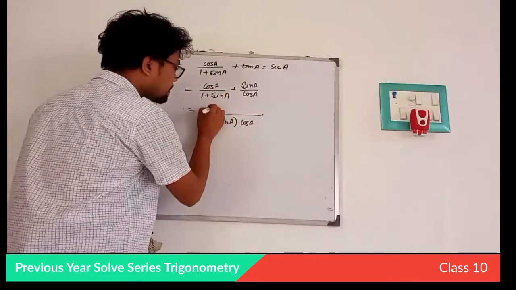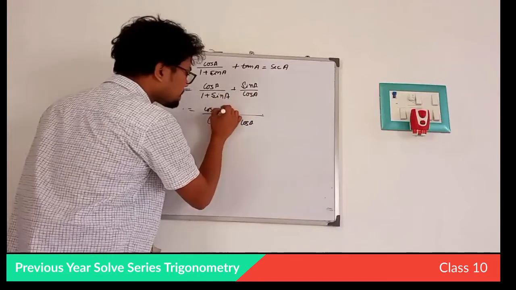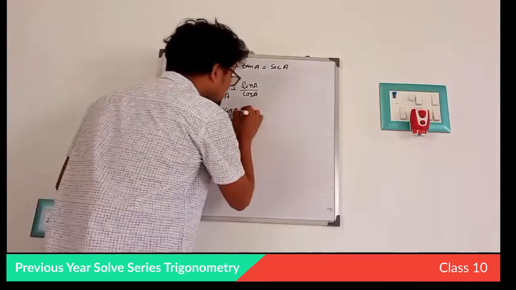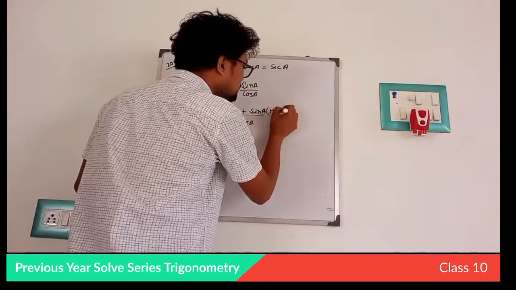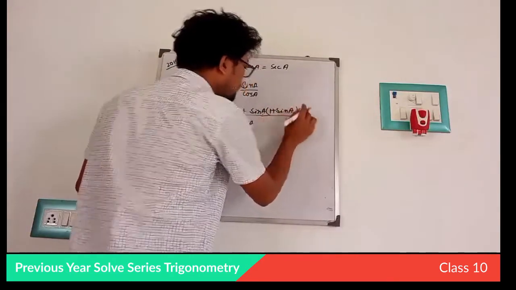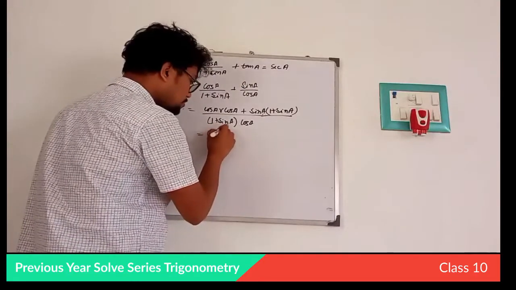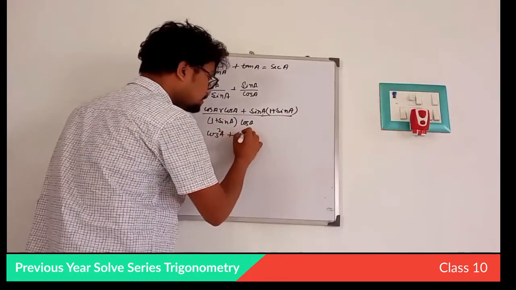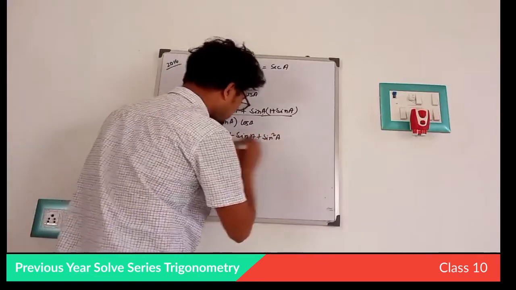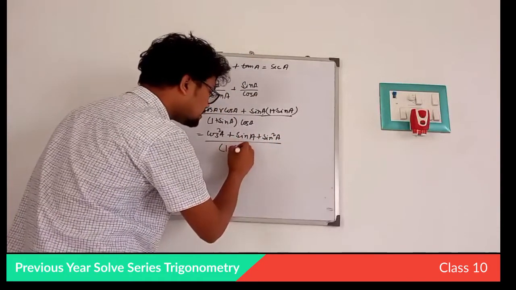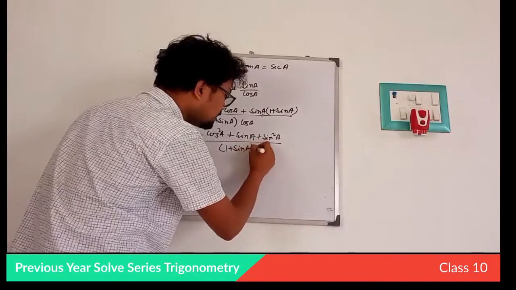Cos A into cos A plus sin A into 1 plus sin A. Now cos square A plus sin A plus sin square A by 1 plus sin A into cos A.